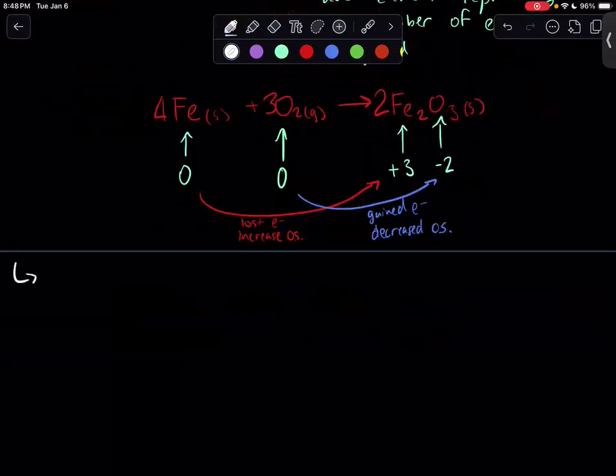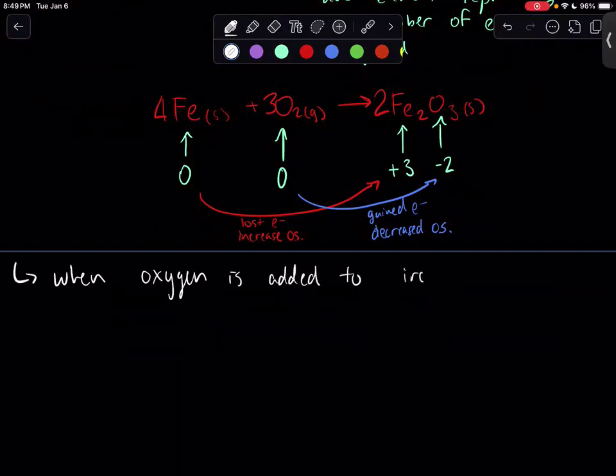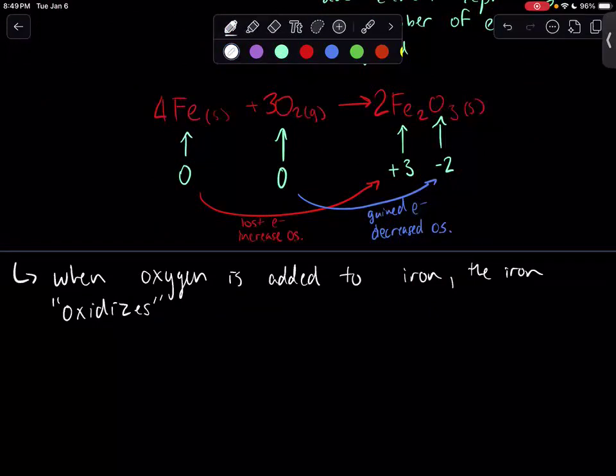Well, we can see that when oxygen is added to iron, we actually say that the iron oxidizes, which makes sense. When you add oxygen to something, it will oxidize. That's where the word comes from.